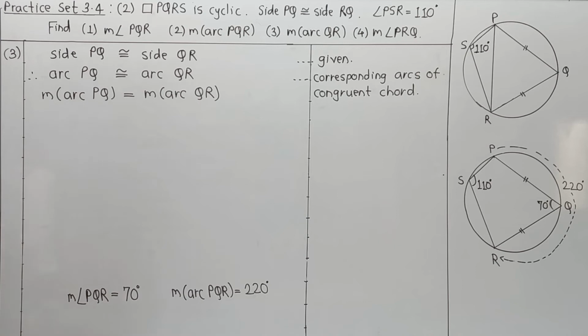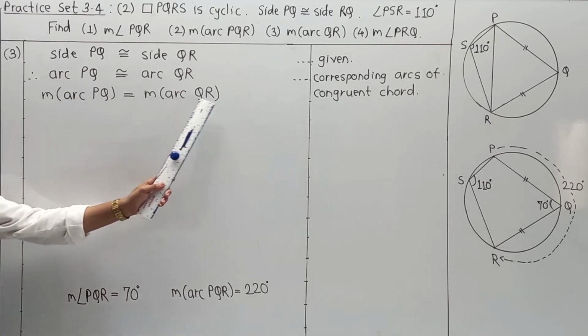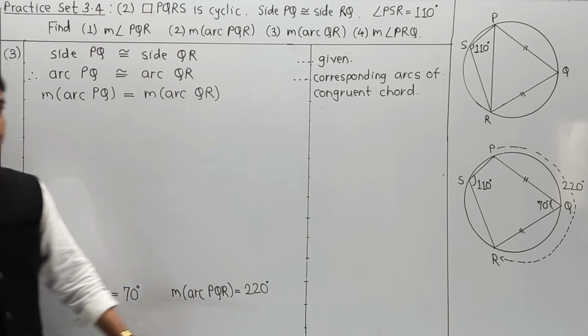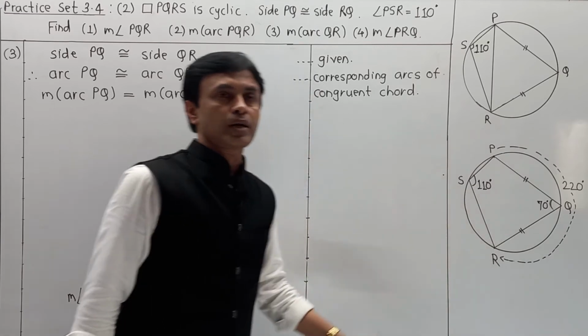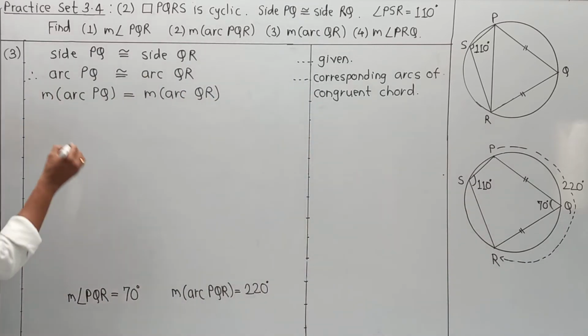Now the next part is we have to understand its additional property over here, and the part is, as major arc PQ is equal to major arc QR. Now we know that PQ plus QR is major arc PQR. So I am writing that part.